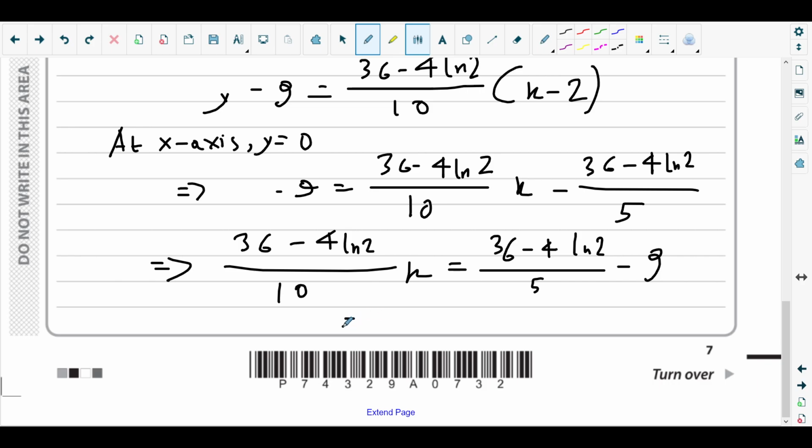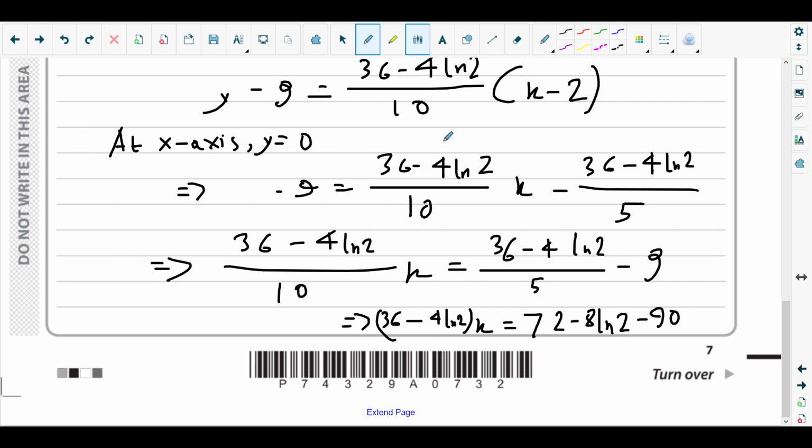If we do so, what you will get? 36 minus 4 ln 2 x equals what? 36 times 2, that would be 72, negative what? 8 ln 2 minus what? 90. Fine. So what's next?